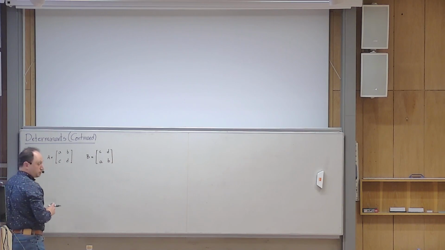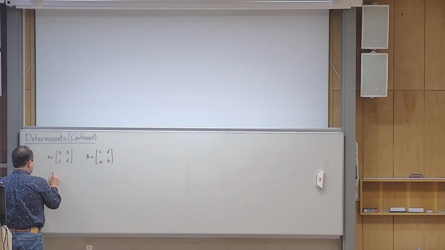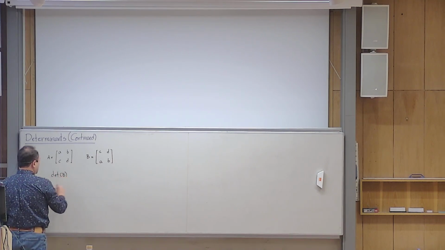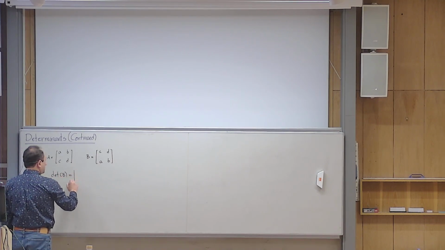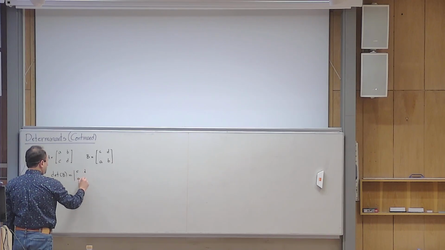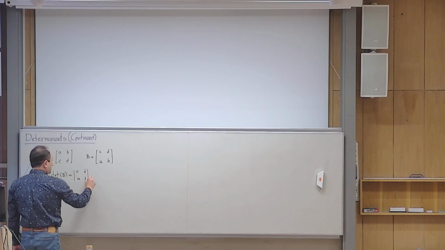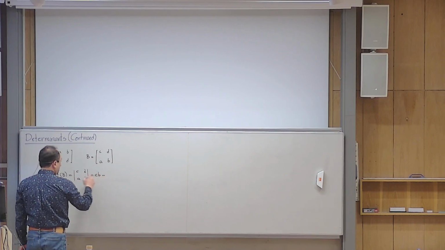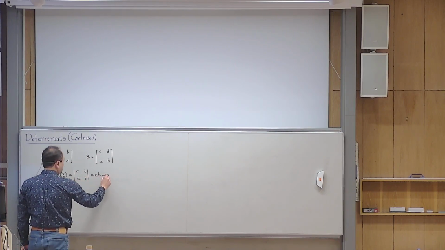So what you just do, you want to calculate the determinant of B. It becomes the determinant C, D, A, B. And then, of course, by definition, you multiply these two, minus you multiply these two.